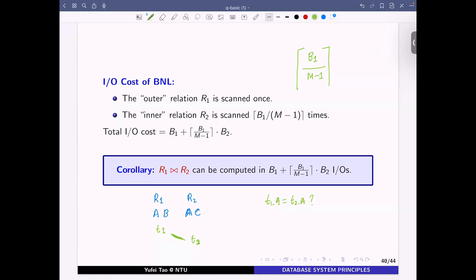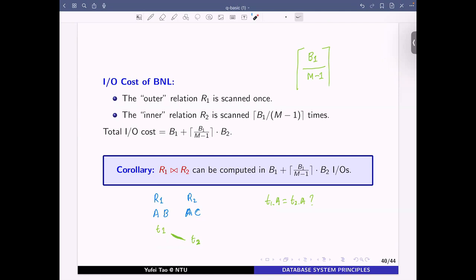If these two tuples satisfy this equality condition, then you output the concatenation, or you output the necessary attributes. Because this is natural join, you'll be outputting A, B, and C. And if their A values are not identical, then you just skip this pair. Okay.